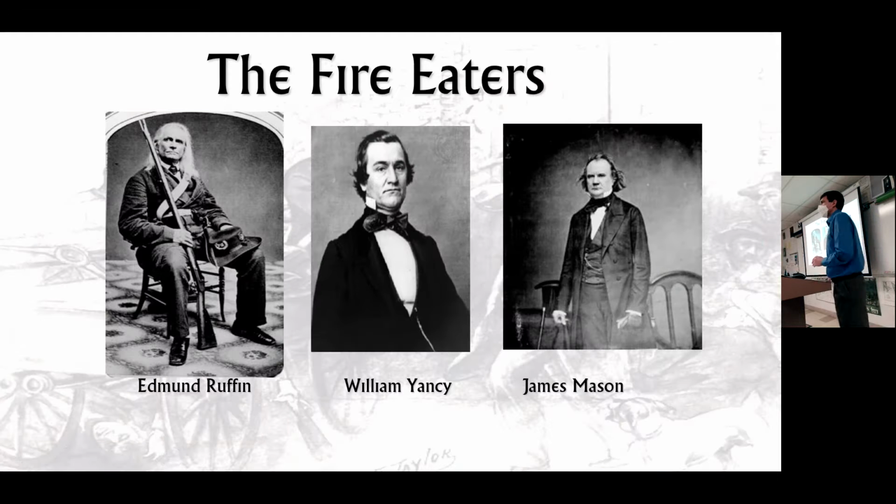A new group of younger congressmen were in office, dubbed the Fire Eaters. And they wanted no compromise. Edmund Ruffin was a congressman from Virginia, and he would later claim credit for firing the first shot of the Civil War.